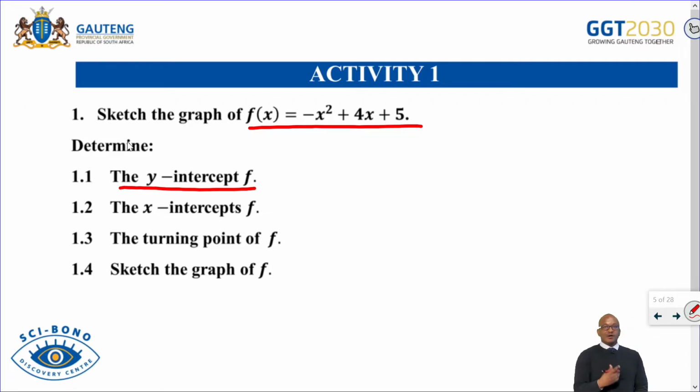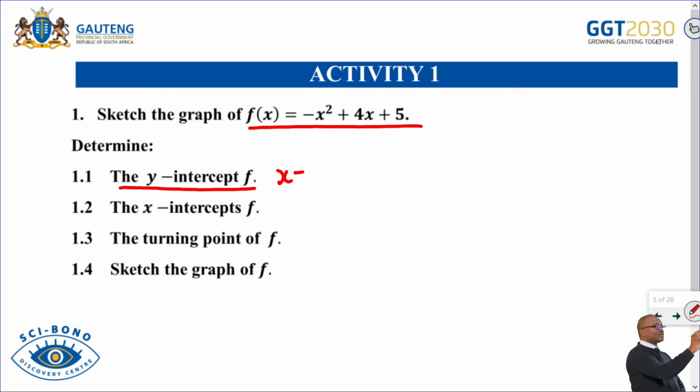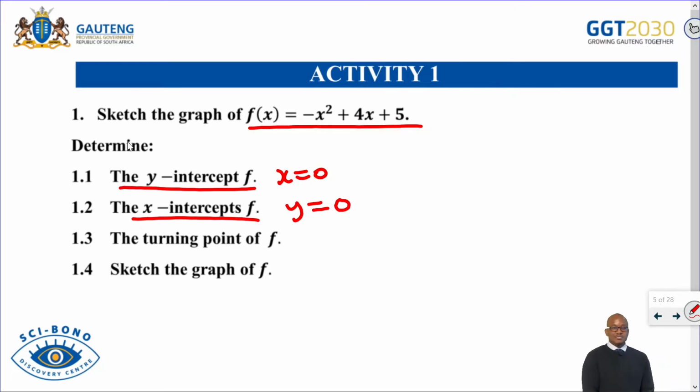And remember, I said when we determine the y-intercept, it means that your x is going to be equal to 0. And the second step, now you determine the x-intercept. And remember, when we determine the x-intercept, your y will be equal to 0.